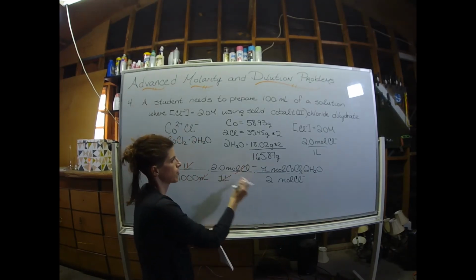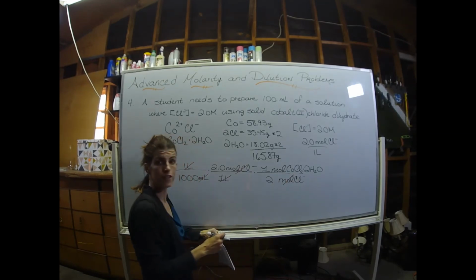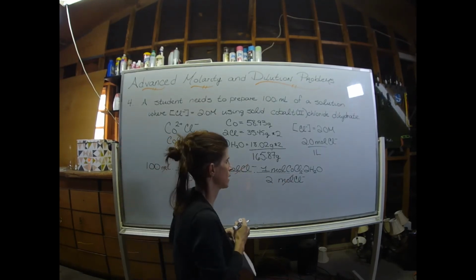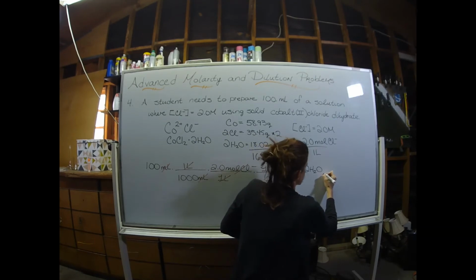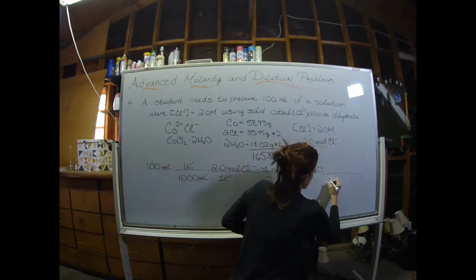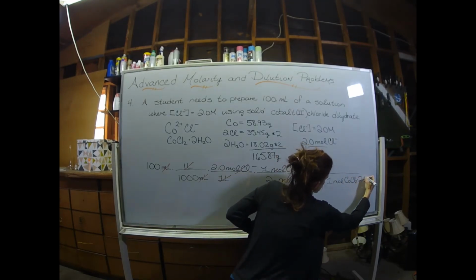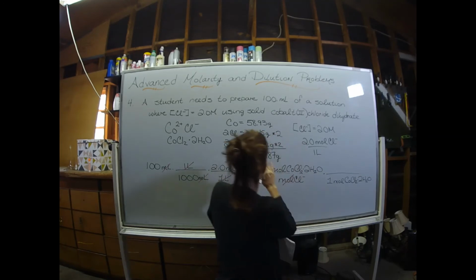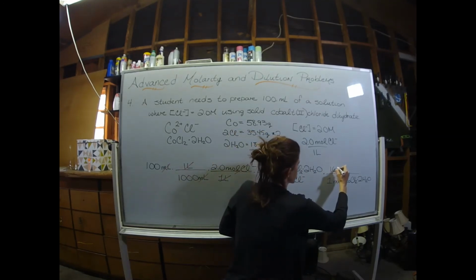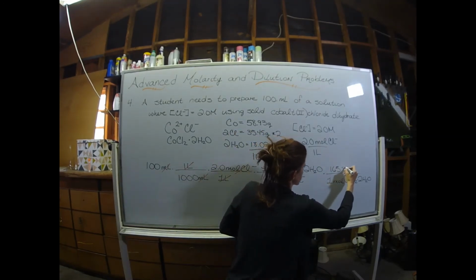Now finally, I think I'm at a point where I can figure out the mass. I'm going to grab this molar mass conversion factor. So 1 mole of the hydrate contains 165.87 grams.